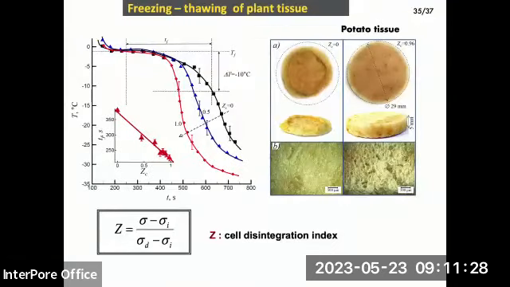Just two more examples to use the pulsed electric field for other applications, for freezing and thawing. Example of the tissue: freezing with the pulsed electric field is more rapid. You can see that with the increase the temperature decreases.